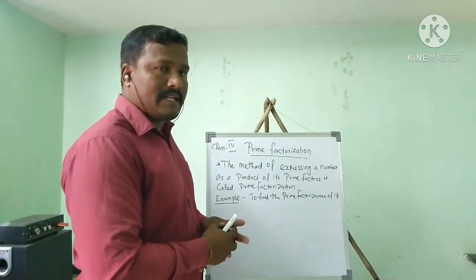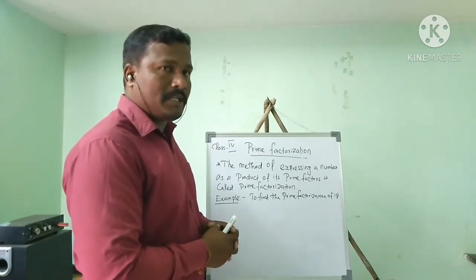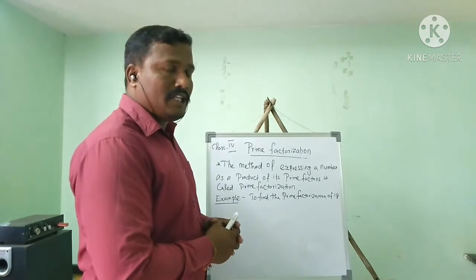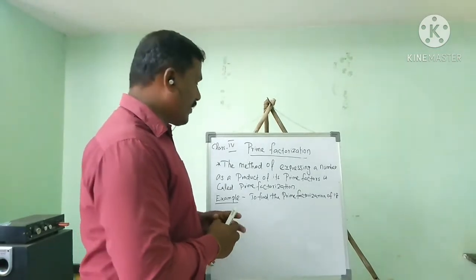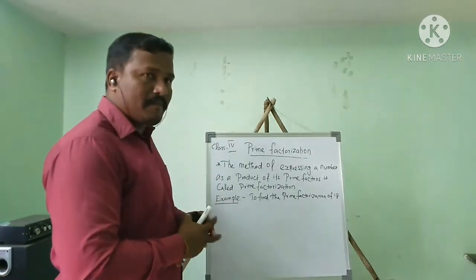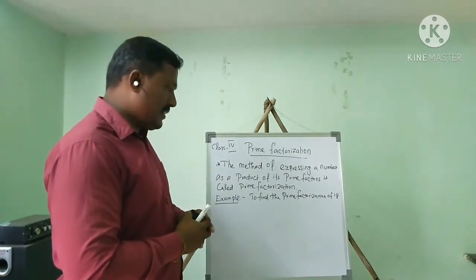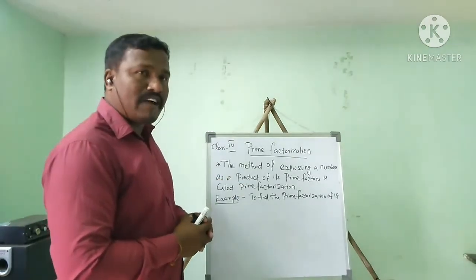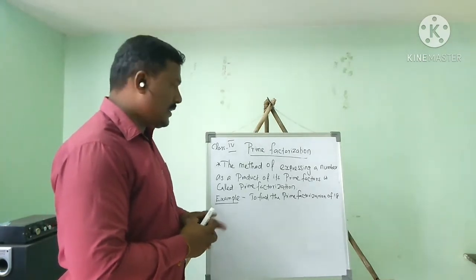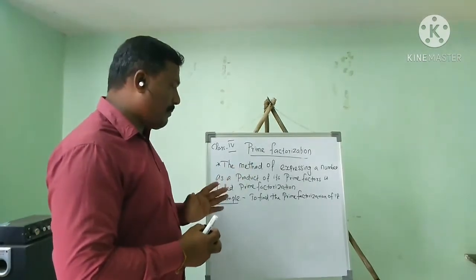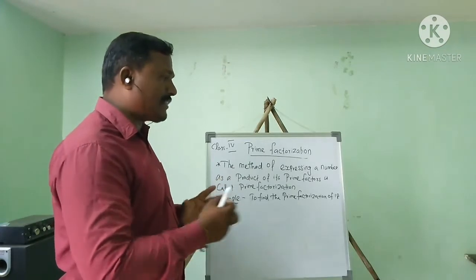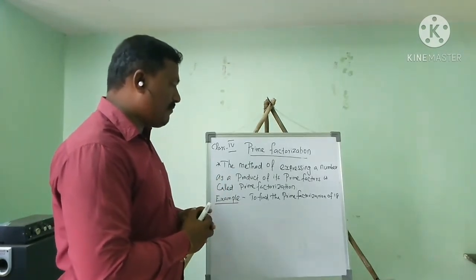Let me see another example for prime factorization. Before that, I will tell you the definition of prime factorization. The method of expressing a number as a product of its prime factors is called prime factorization.